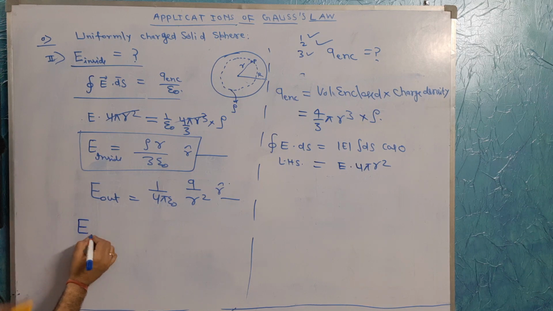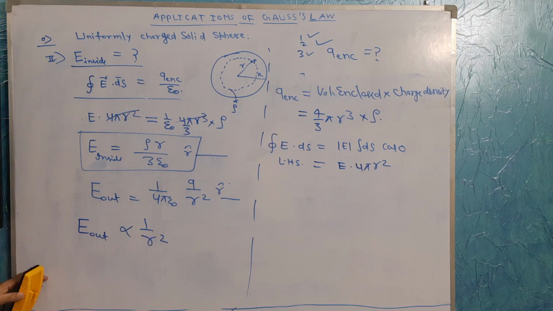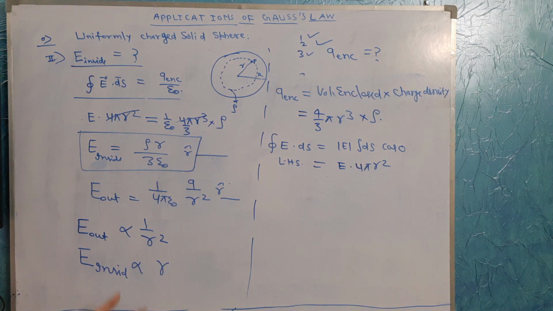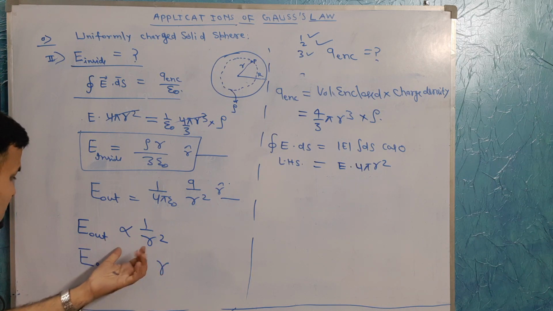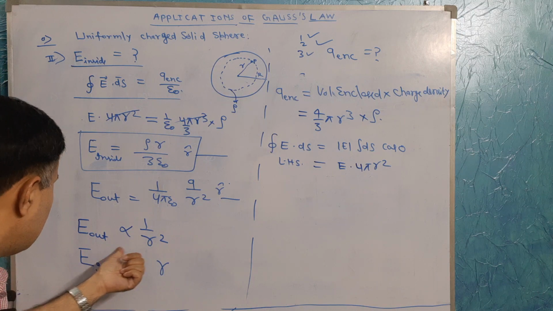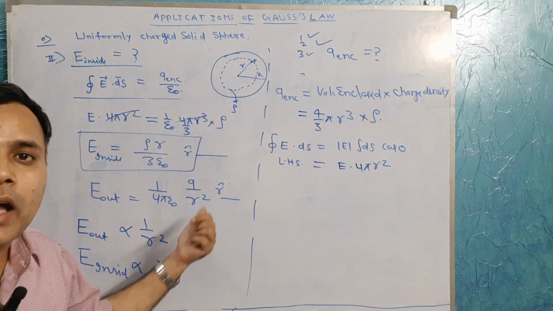We can see that for the outside case, the electric field is proportional to 1 by r square, and for inside, it is directly proportional to r. This can be a statement question or an objective type question: what is the proportionality of E with r?